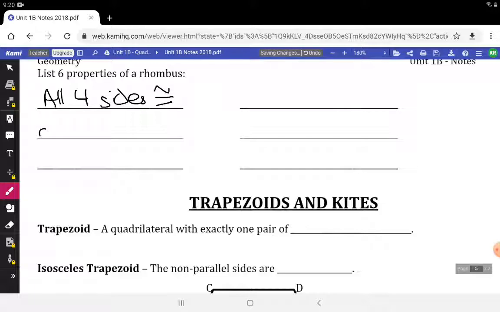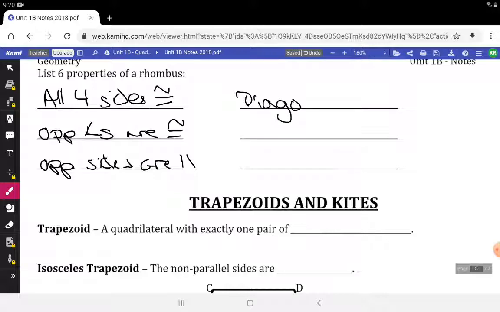We know that opposite angles are congruent because a rhombus is a parallelogram. We know that opposite sides are parallel because a rhombus is a parallelogram. We know that diagonals are angle bisectors because it's a rhombus.